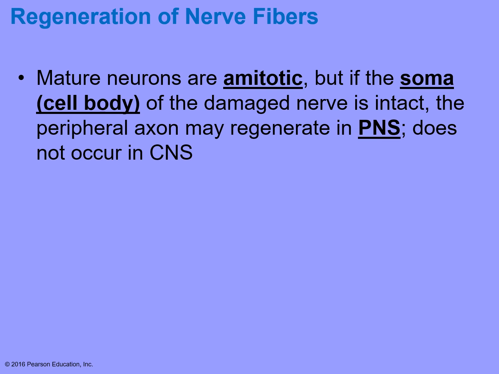Mature neurons are amitotic, meaning they usually are not going to go through mitosis anymore. But if the cell body remains intact and a nerve has been damaged, then the peripheral axon may regenerate, but only if it's in the peripheral nervous system.